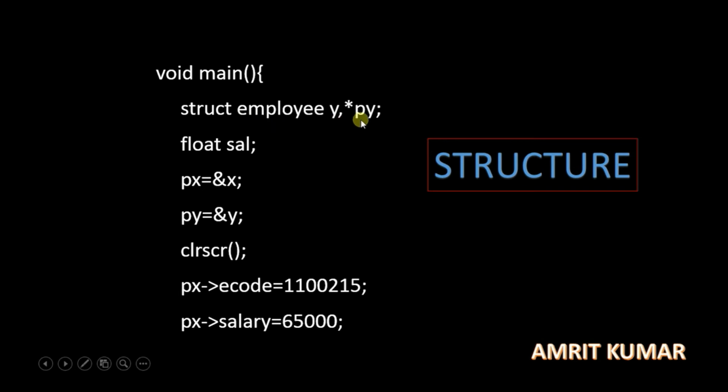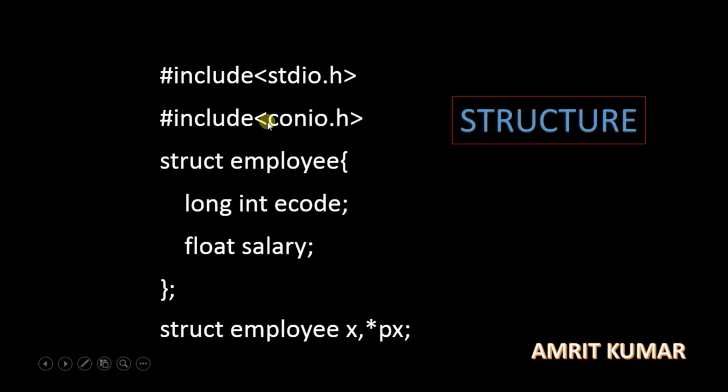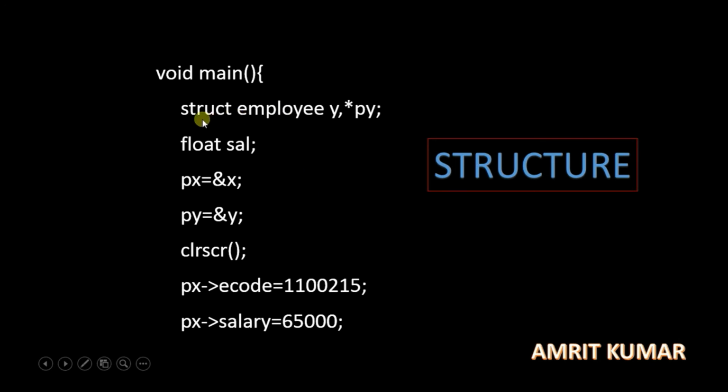So y and asterisk py can access each and every thing of the employee data type, because we have used this concept to declare any variable of that type, meaning employee type. After that I am using cell, which is of float data type, and in px I am assigning the address of x.